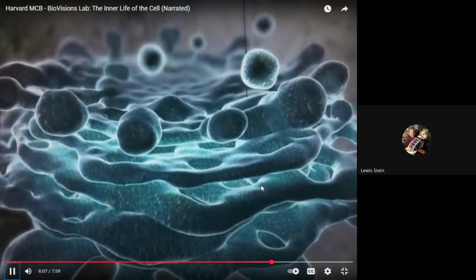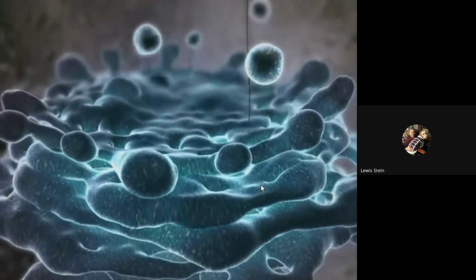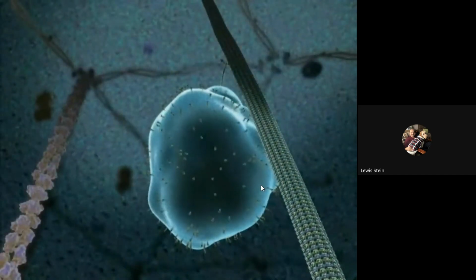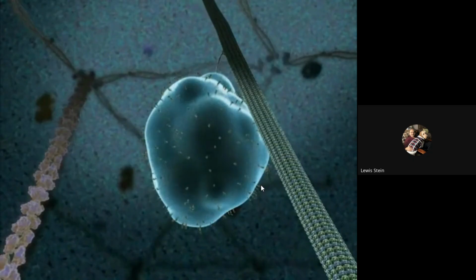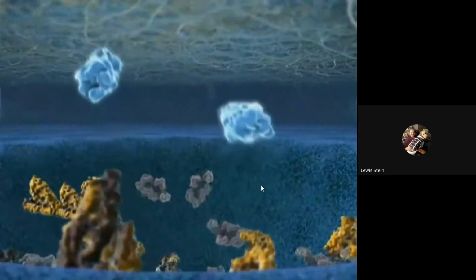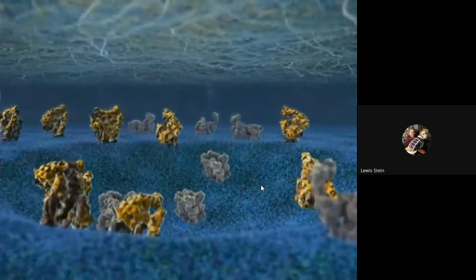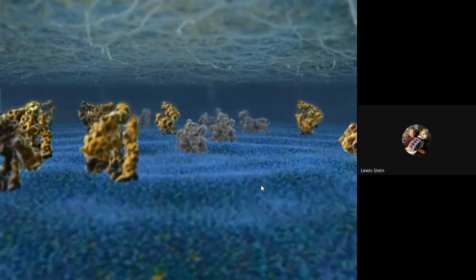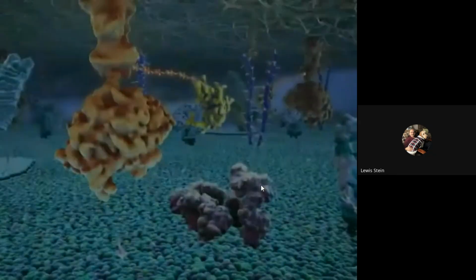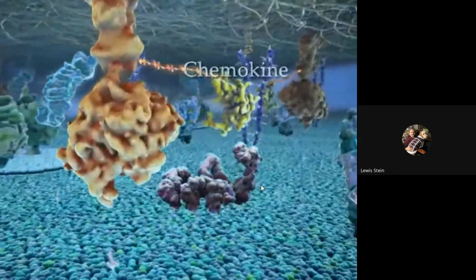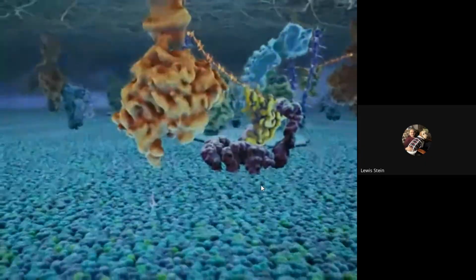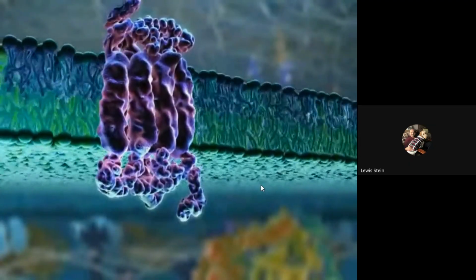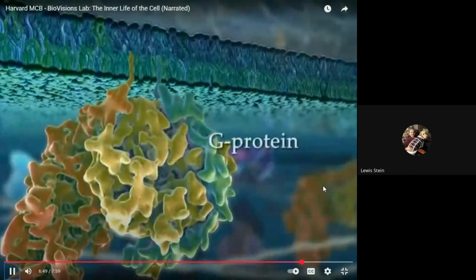It processes and packages it. This is exocytosis. Adipose. You see a shape change inside.